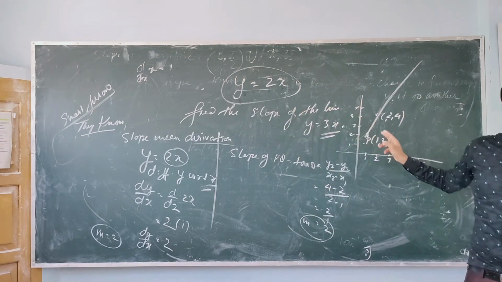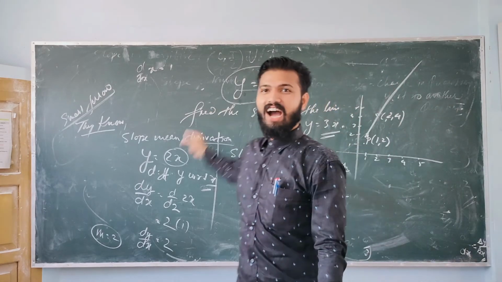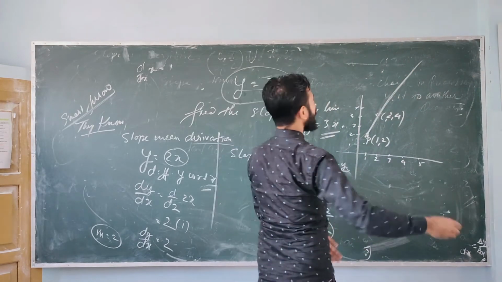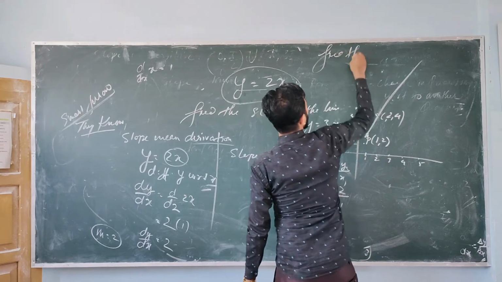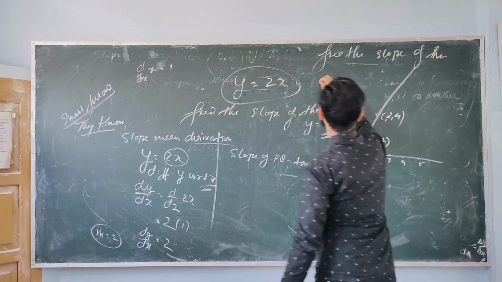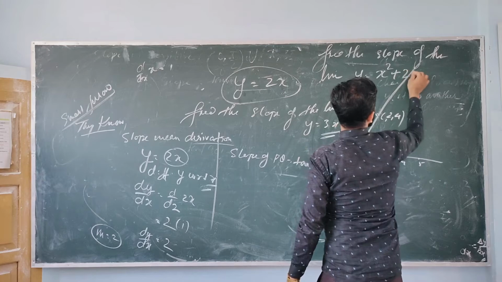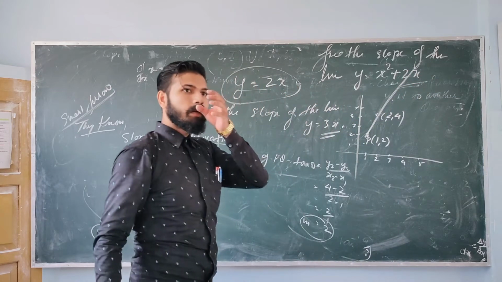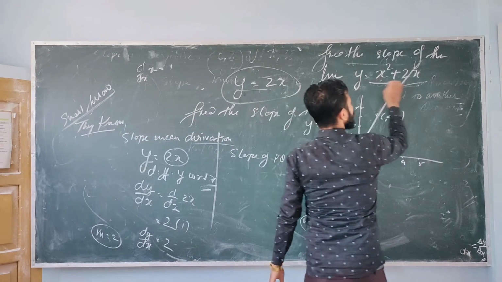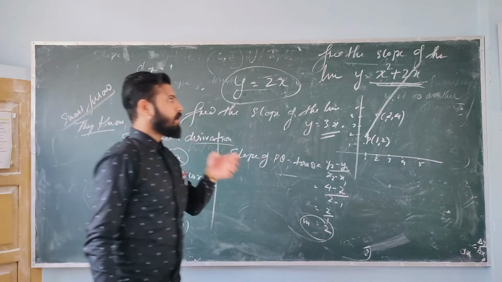You draw the graph, you put the point, you just substitute the value, and then you get the answer. Now one more question, come on. If I say find the slope of the line y equal to x square plus 2x, find the slope of this, or let me make it more easy.